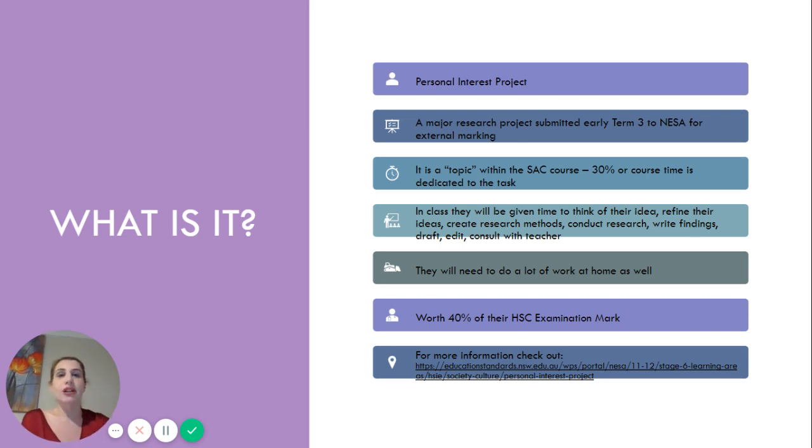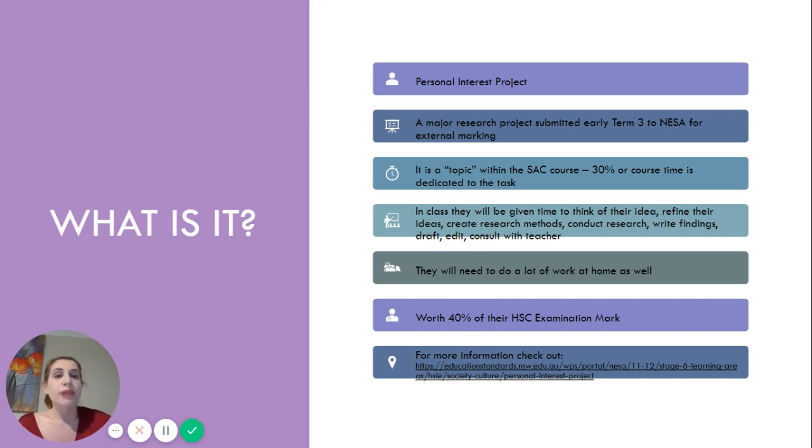It cannot be marked at school, even if your child's got a HSC marker for a teacher. They can't actually say, oh, this is the mark it will get. The marking centre sets the standards and it's marked externally, and you don't get your mark back as a raw mark.